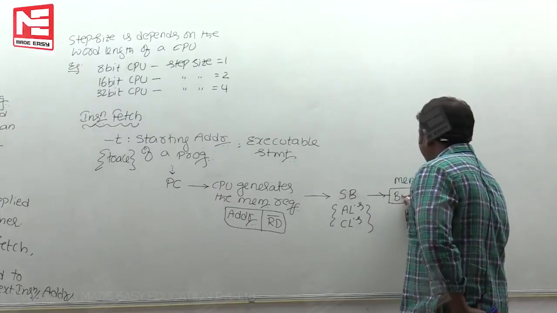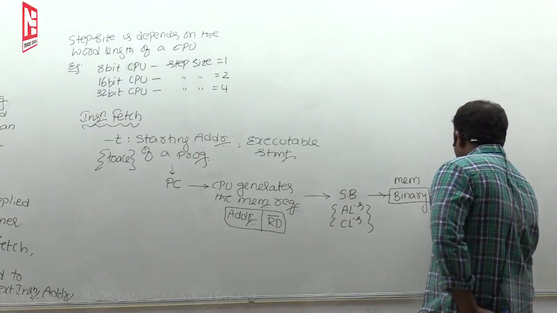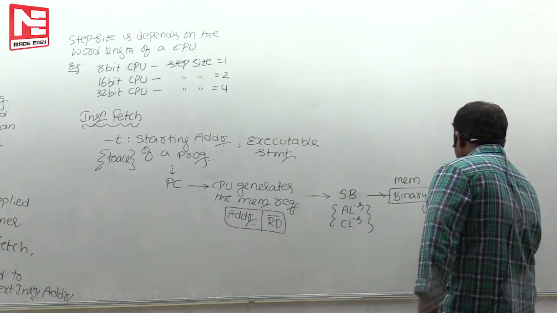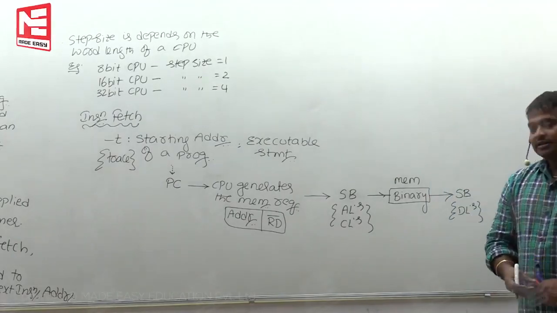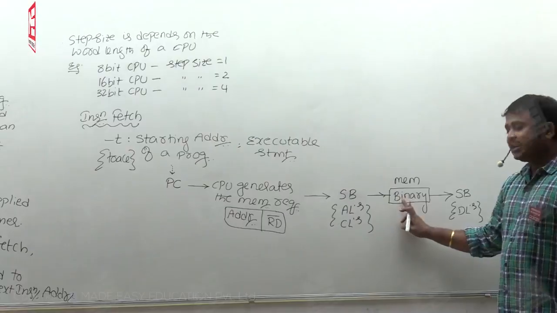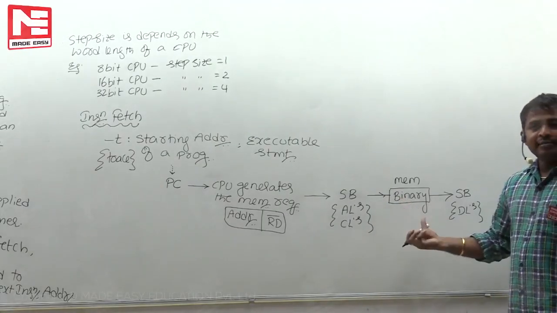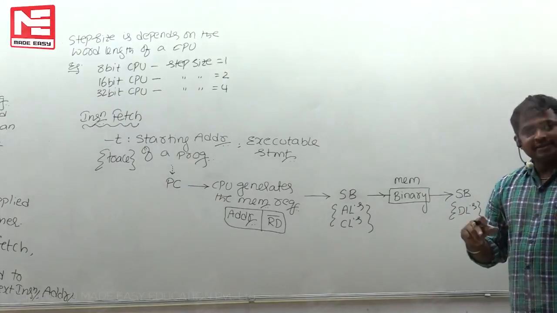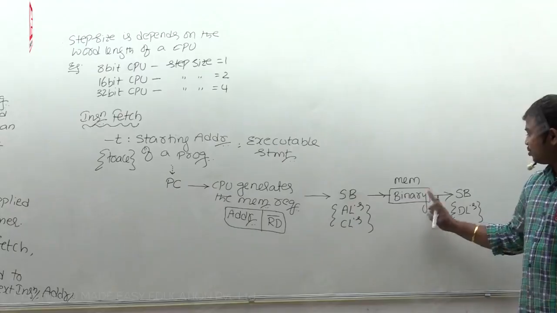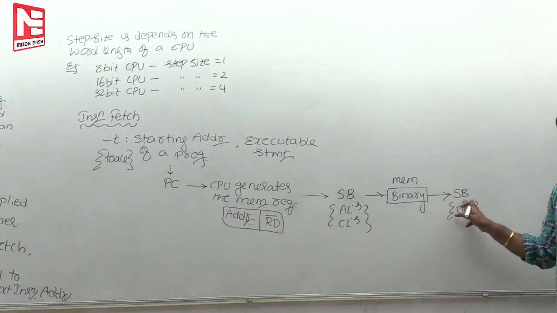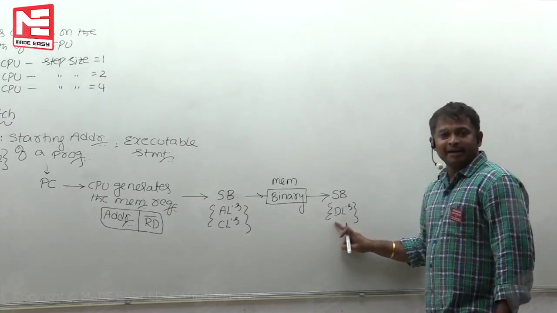So, inside the memory cell, binary code is there. That binary code will be sent to the system bus via data lines. Okay, now? So, address lines send the address to memory, control lines send the control signals to memory. So, in the memory, the respective memory cell will be activated for the operation. So, the corresponding binary code will be sent onto the system bus. Right? In the system bus, data lines are there to hold the binary code.